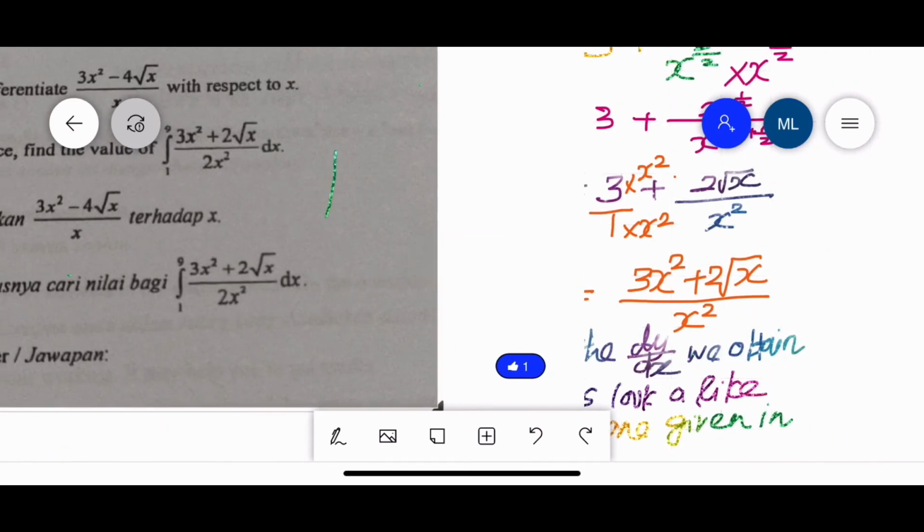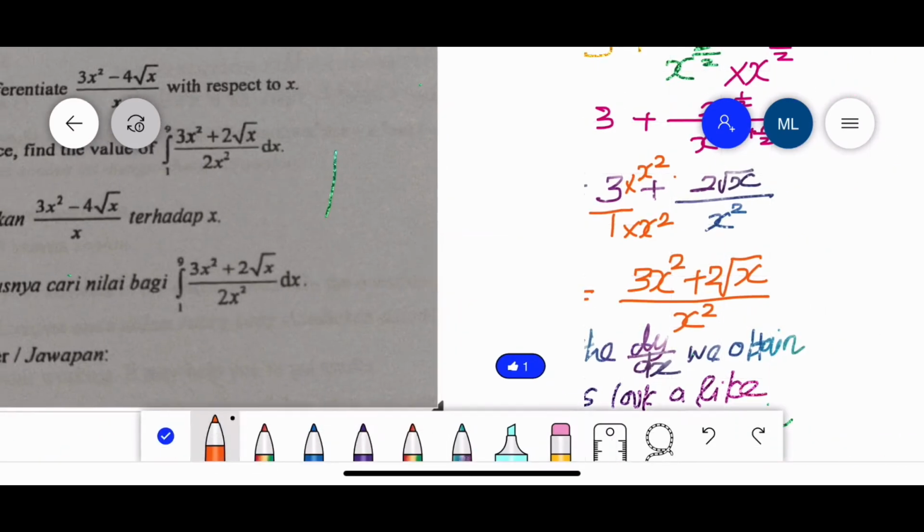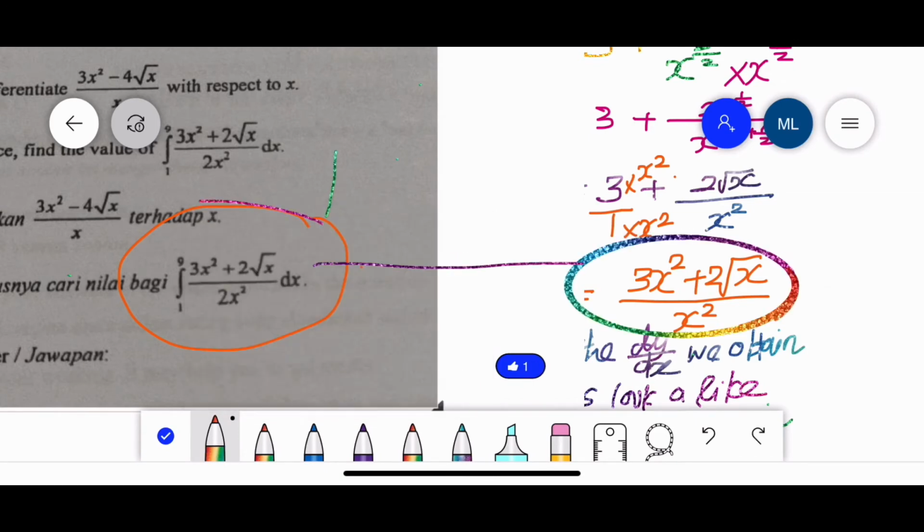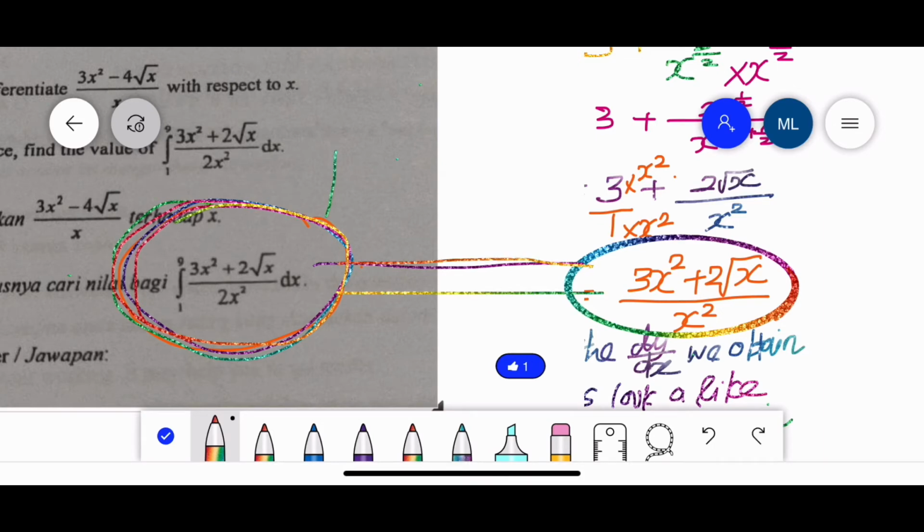You don't have to do anything. Okay, so if I integrate 3x squared plus 2 square root x over x squared, that is my dy dx, I will get the y, isn't it? But the question is asking you half of my dy dx. So of course you will get half of the y, isn't it? You understand what I mean?